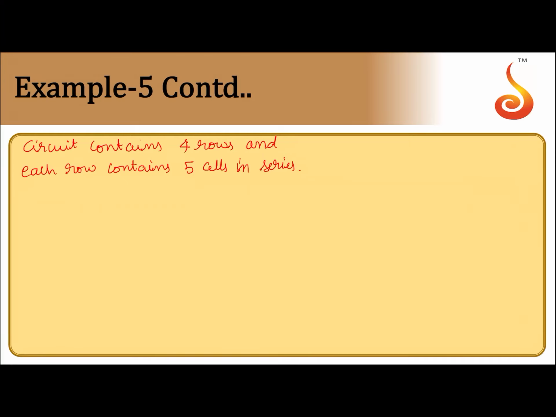So let us say each cell has EMF E, then net EMF, if I call it as E net, is equal to 5 times E. So in series EMF get added up, and in parallel whatever is the EMF of each row, same will remain as it is.